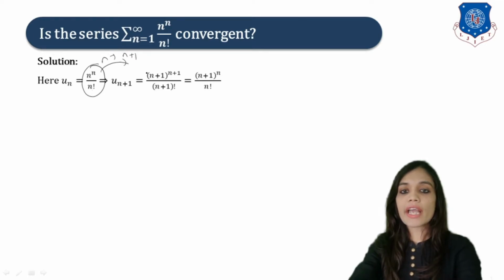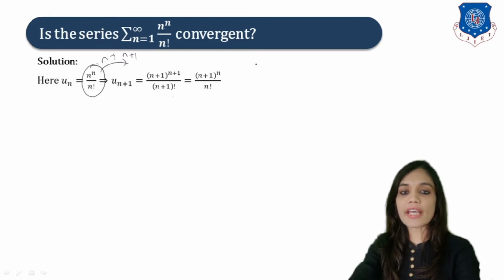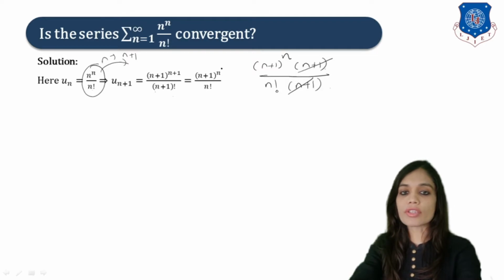You will get n plus 1 raised to n plus 1 upon n plus 1 factorial. You can simplify this as n plus 1 raised to n into n plus 1, upon n factorial into n plus 1. These two get cancelled out. Finally what remains is n plus 1 raised to n upon n factorial.